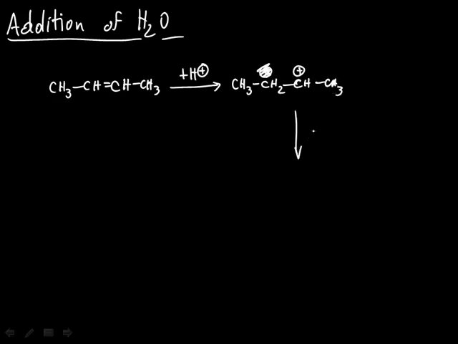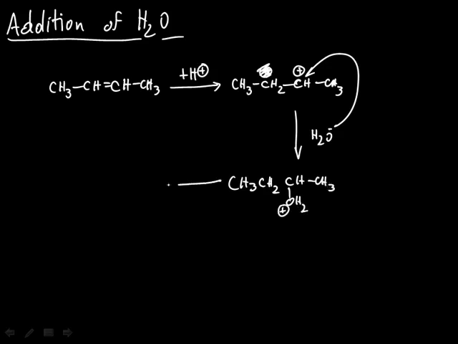And the second step is addition of this water molecule onto the cation to give us a protonated alcohol, which is then deprotonated through reaction with another water molecule, which takes off the proton to give us finally the product alcohol.